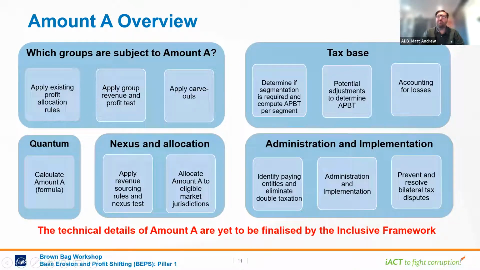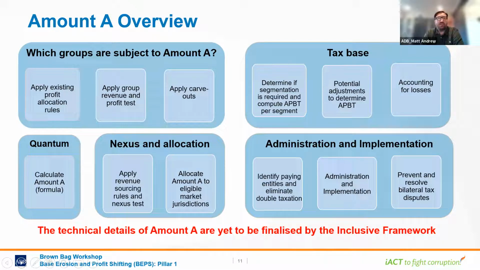And so that's the first box on your left-hand side, which includes assessing whether a group passes the threshold tests and applying the carve-outs for extractives and regulated financial services. So in the first box, we're really taking multinationals and confirming that they are in scope, that they have revenue of greater than 20 billion, and a pre-tax profit margin of greater than 10%. And then we would look to apply any carve-outs related to those exclusions.